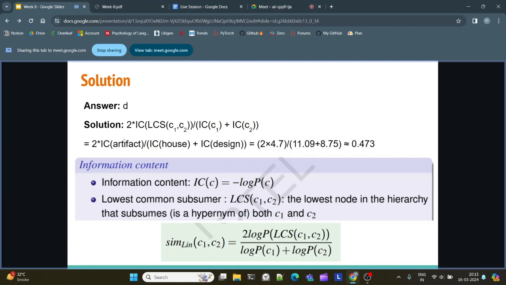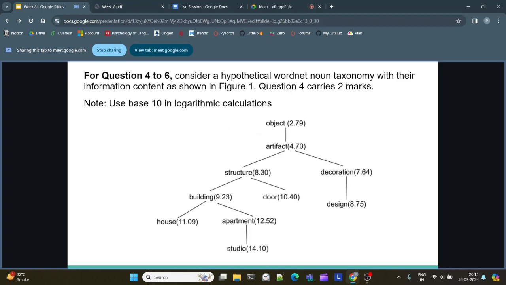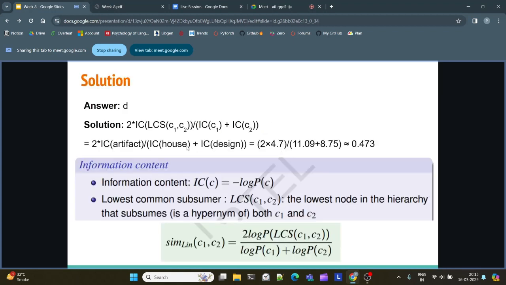What are the two concepts here? House and design. What would be the LCS? It would be artifact. So in the numerator we have twice the information content of artifact, and in the denominator we're summing up the information content of the two concepts, house and design.